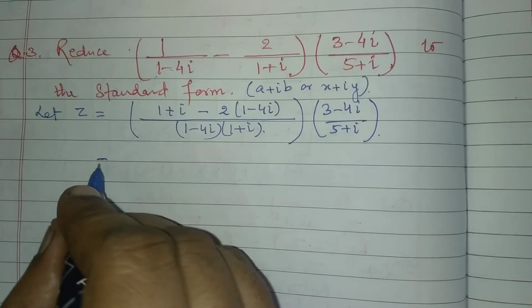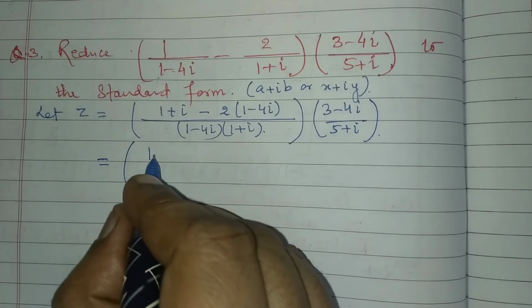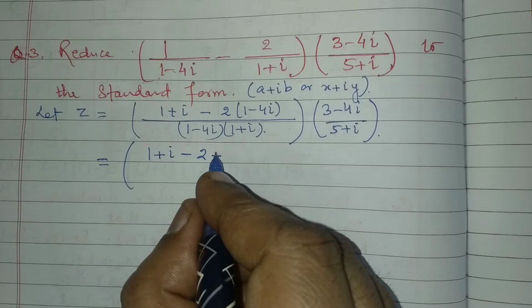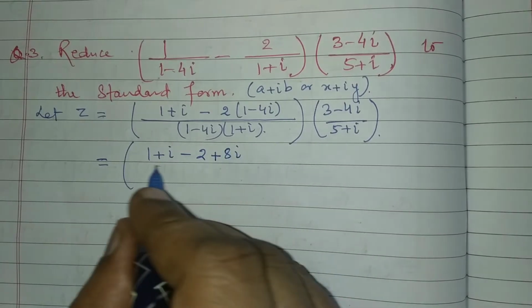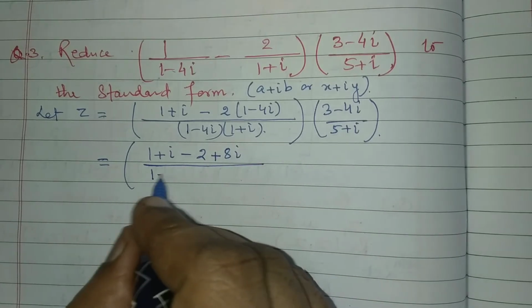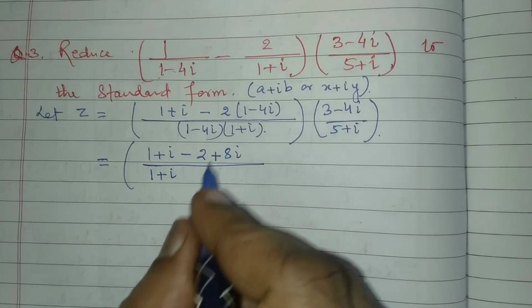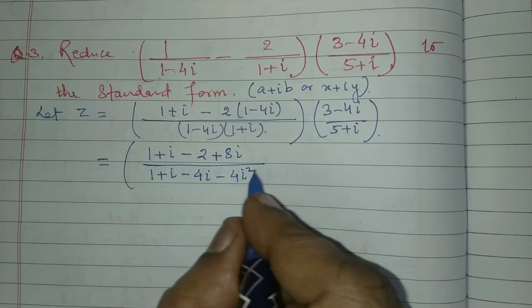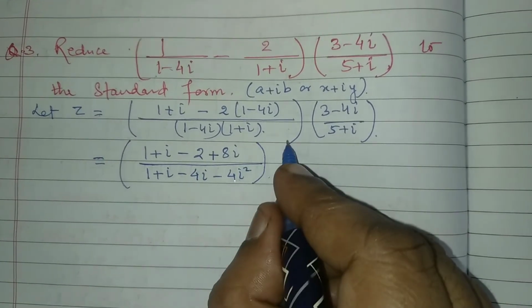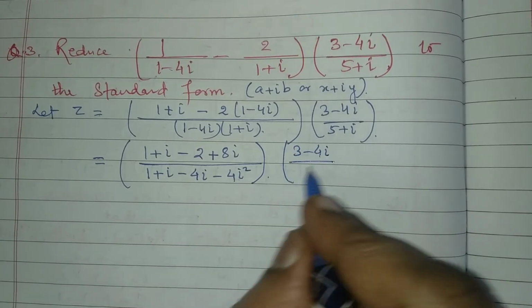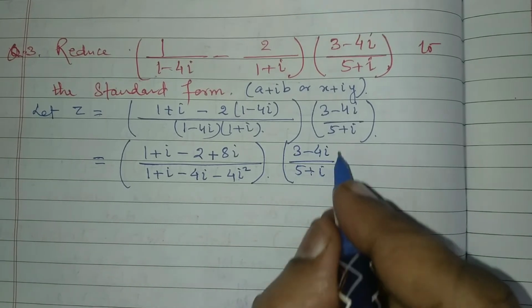So now 1 plus i minus 2 plus 8i, and this is divided by 1 into all these things, 1 plus i minus 4i, then minus 4i square we can write, and now 3 minus 4i by 5 plus i.